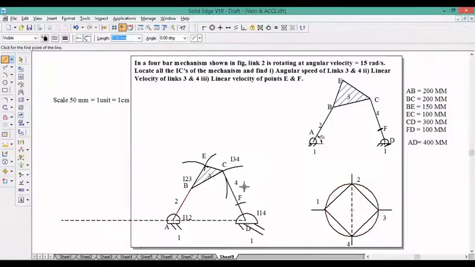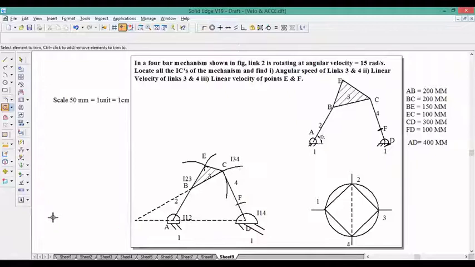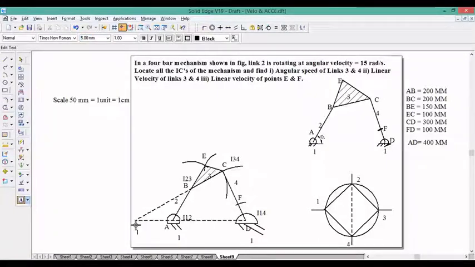Then consider I23 and I34: I23 is point B and I34 is point C. So produce that line. It should come on the same line. Wherever these two intersect, this is I24.